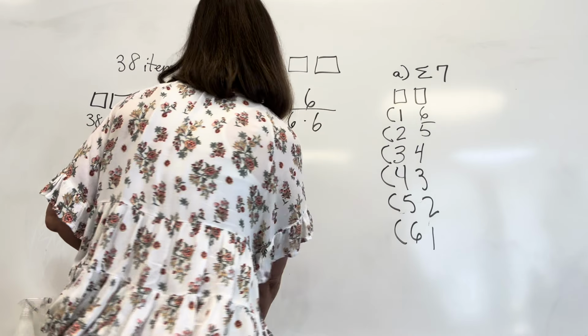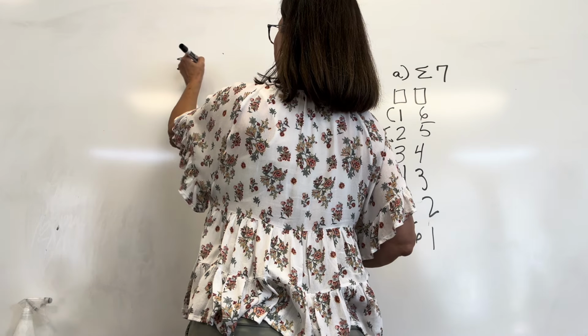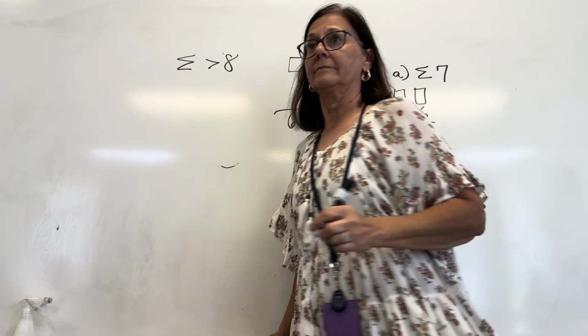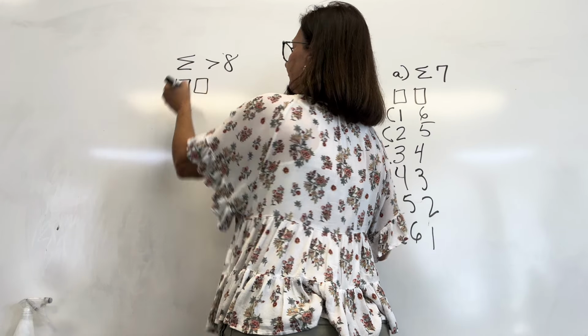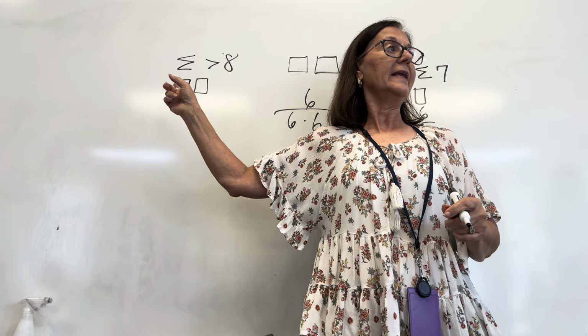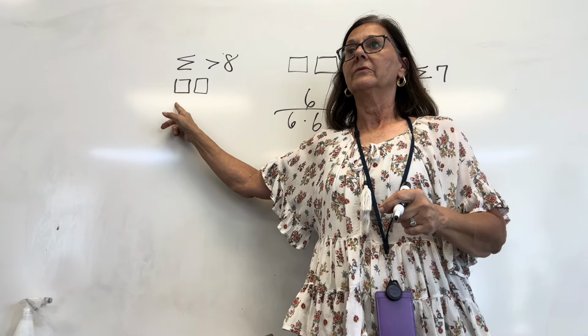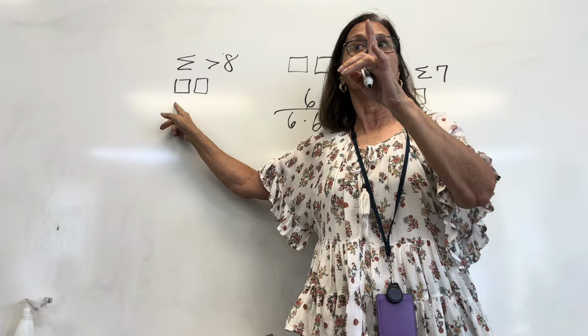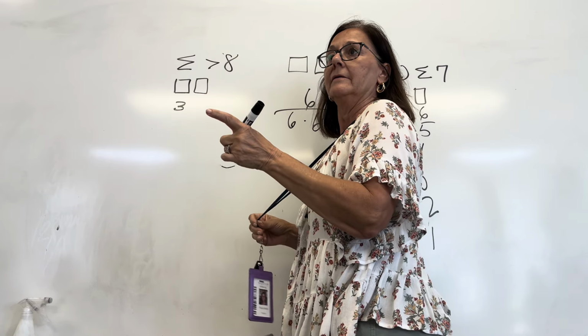Now, what about a sum greater than 8? Again, I look at the 2 dice. Can I get a sum greater than 8 if I roll a 1 on the first one? No. What about if I roll a 2? No. Okay. What about if I roll a 3? Yes.